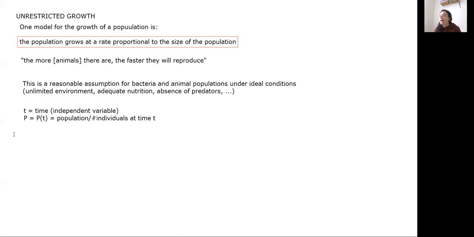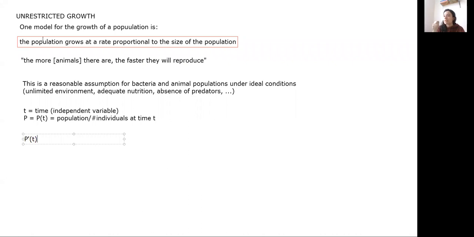All right, so now I have a notation for the size of the population. I have a notation for the time. Now what I'm going to try to do is to express what this assumption means. And what that's telling me is the population is growing, so p prime of t. So population grows means rate of change, which means derivative, right?